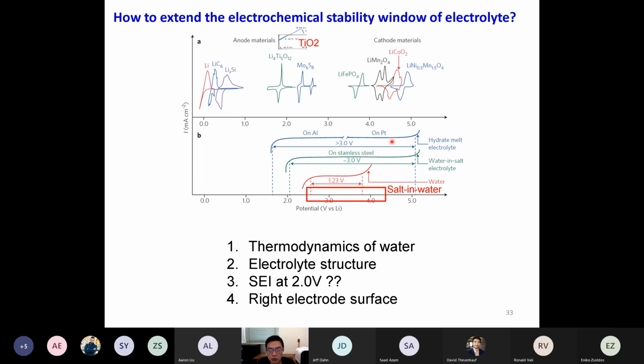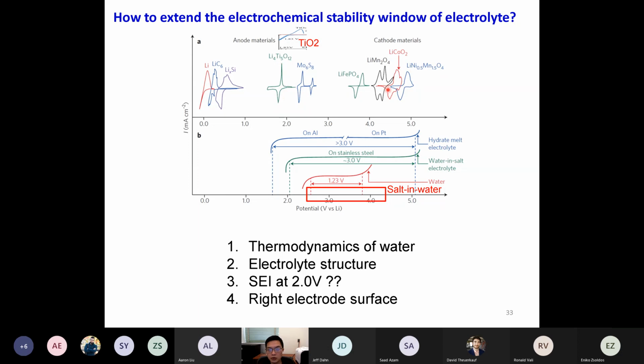Actually, with 28 molar or even bigger with other salts, we extended the window to more than 3 volt. Which means we can use molybdenum sulfide or titanium oxide or even LTO as an anode.